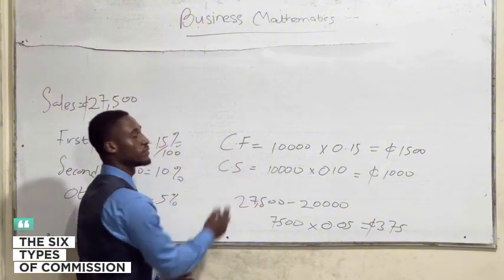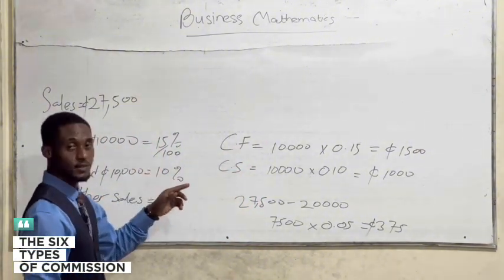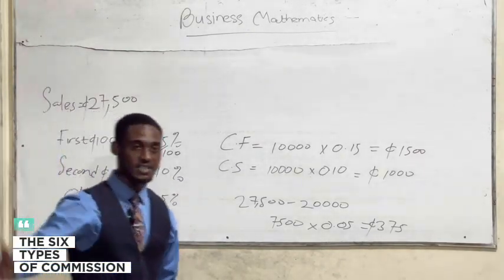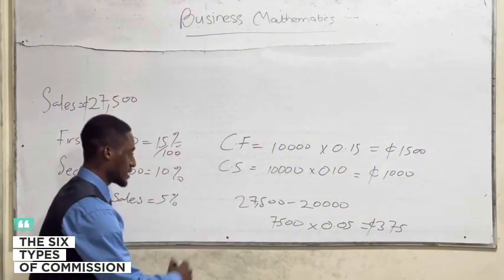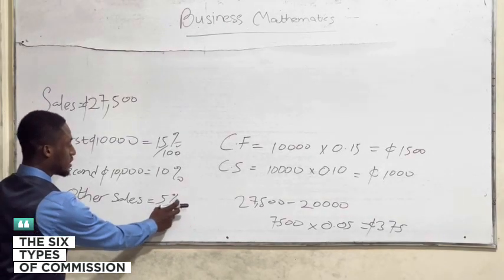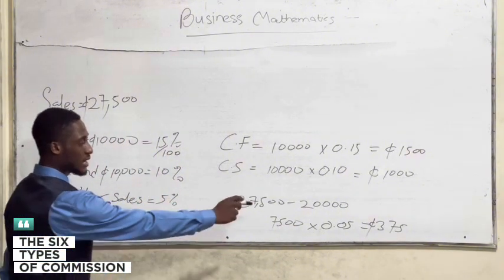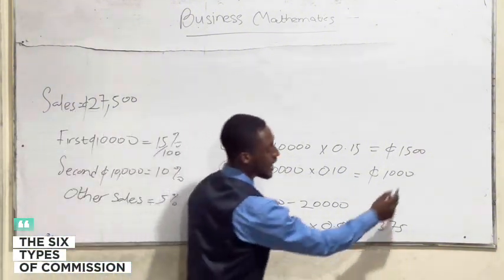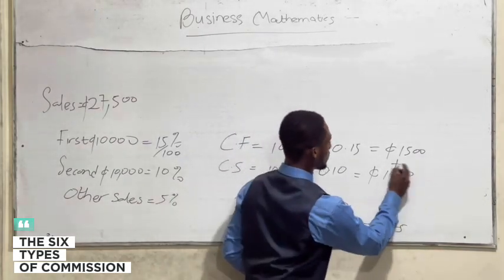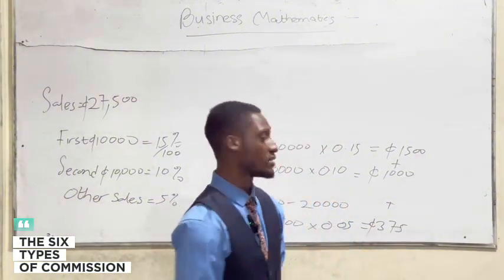So now, what then do? We add the commission for the first sales made to the commission for the second sales made, and now to the commission of other sales, because lastly we came to find the commission for the other sales by multiplying the rate to the actual amount, getting 375 cedis. So now when you add all, you get 2,875 cedis.